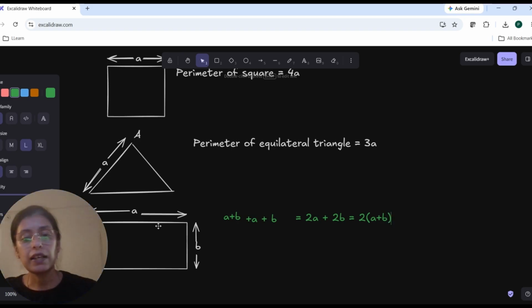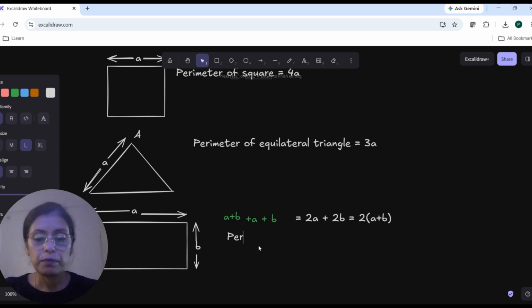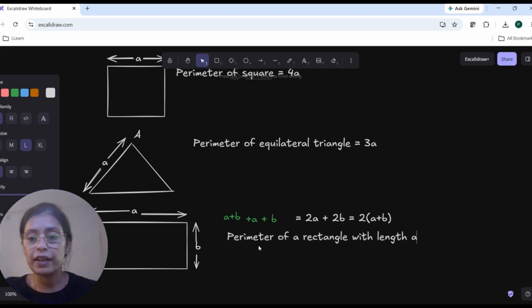So basically, it is twice of length plus breadth. So the perimeter of a rectangle with length A and width B is equal to 2(A plus B).